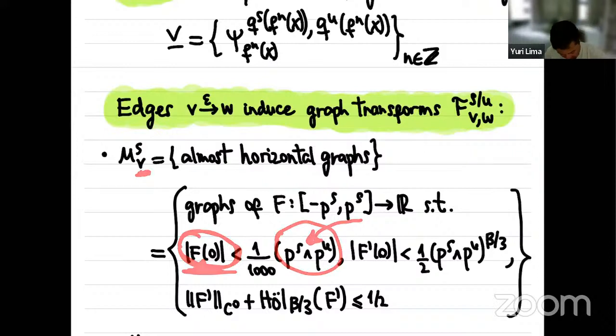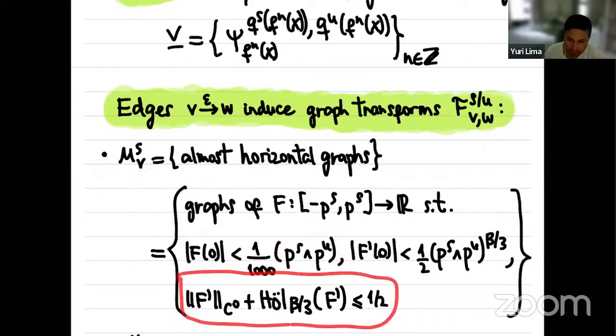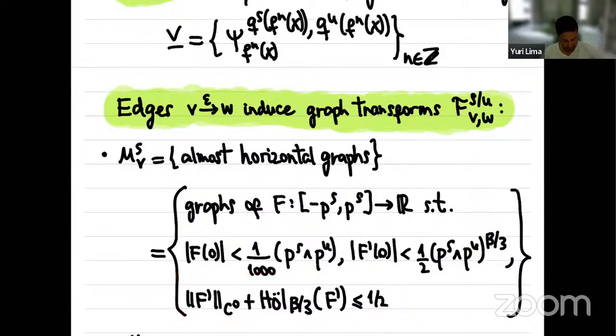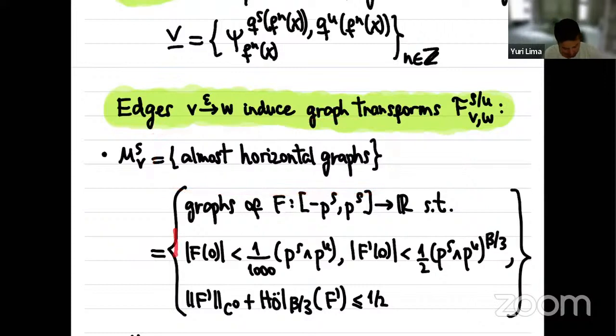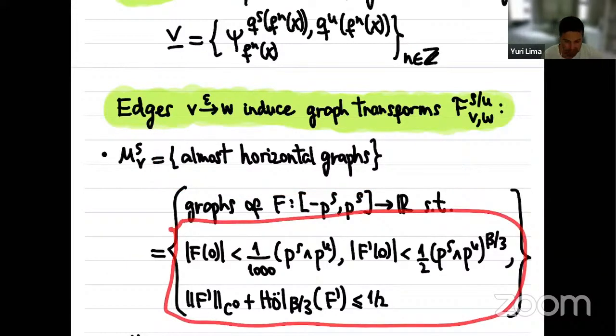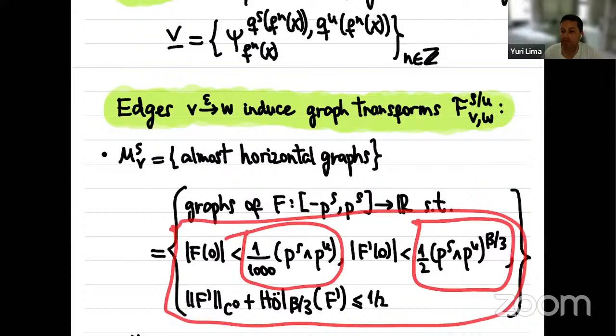The same thing for f prime of 0, and this condition was already contained in our previous lecture. So you see, it's much more complicated to define the space of almost horizontal graphs. We have to control these graphs much more precisely, exactly because at places with bad stable hyperbolicity, you might lose control of things if you do not require these strong assumptions.